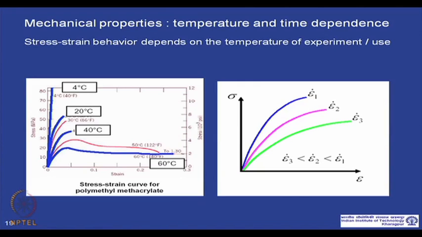So, definitely if you measure a modulus or stiffness at say 40 degree centigrade and find your material is sustaining the load, you probably may not use that at a higher temperature like 80 degree, you might see a failure because of decrease in the modulus of the material. So, you must know that all the mechanical properties depend on the temperature of the experiment or the application and how fast the deformation is taking place or how fast the load is applied.